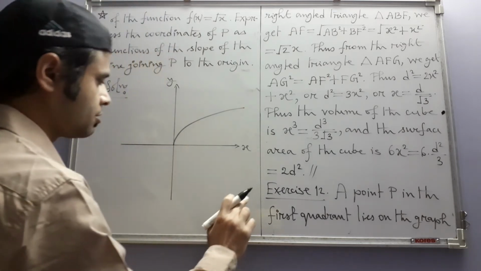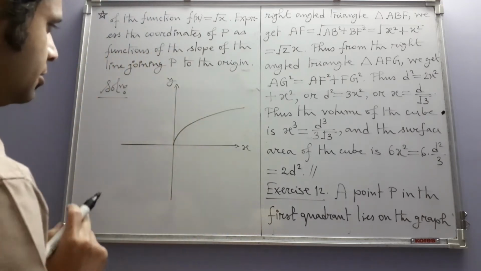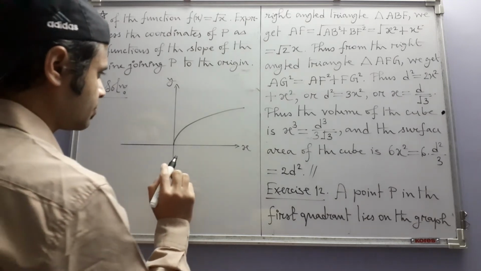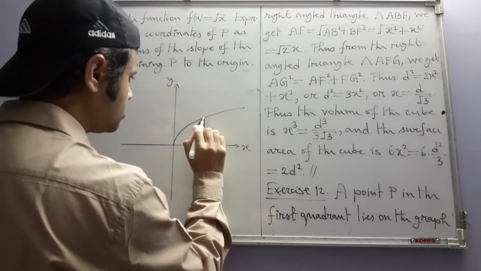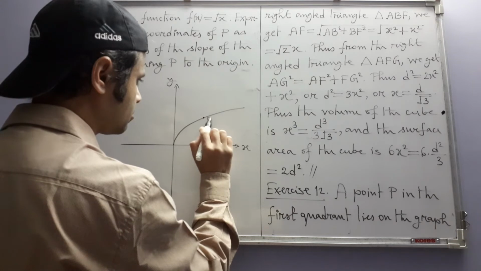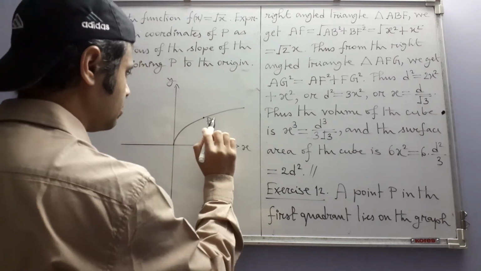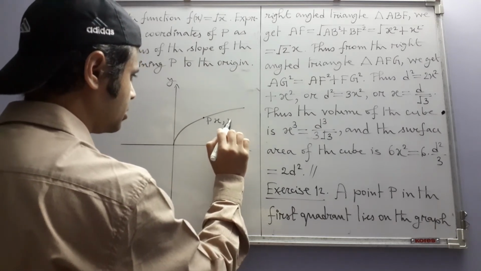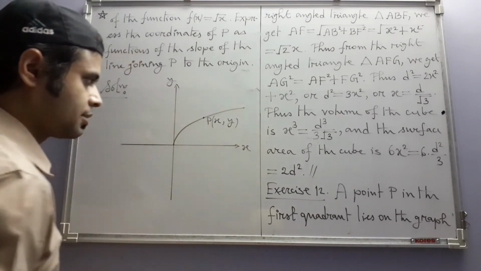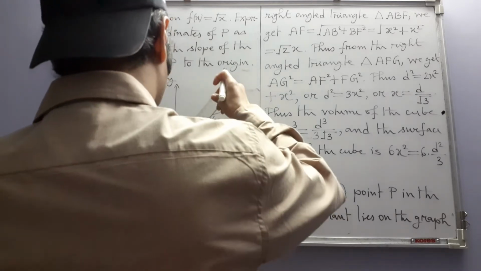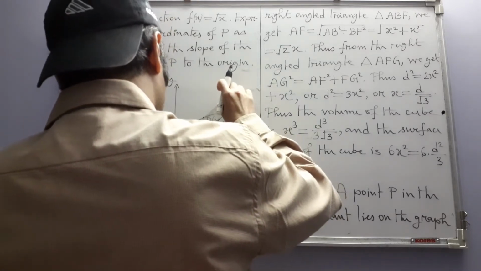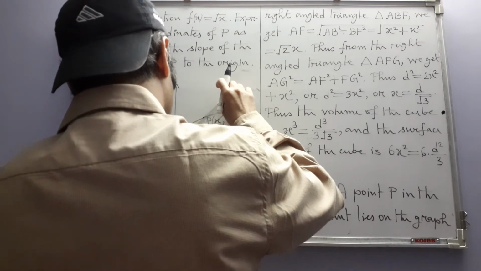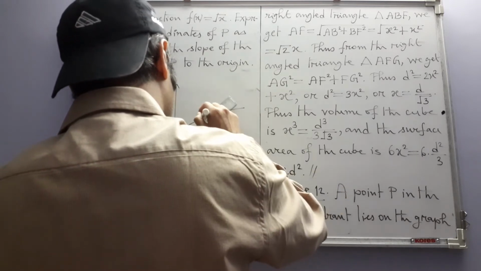I mean, that is not part of this function. So this is the graph. Now P is any point on this graph whose coordinates are of course some coordinates x and y. And now if we join P and the origin, we get this line.